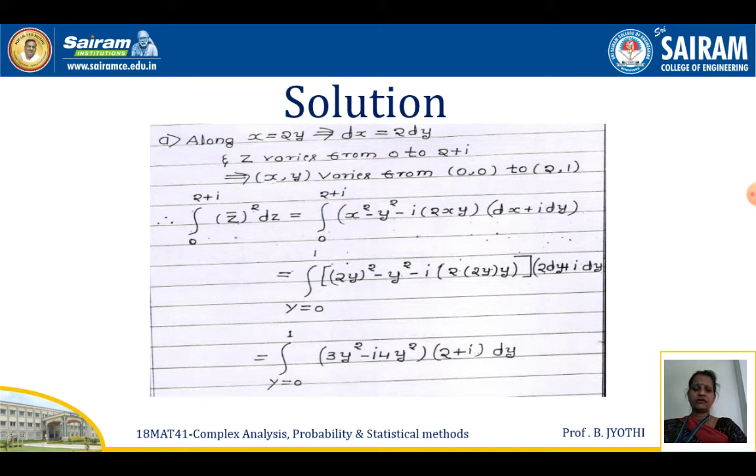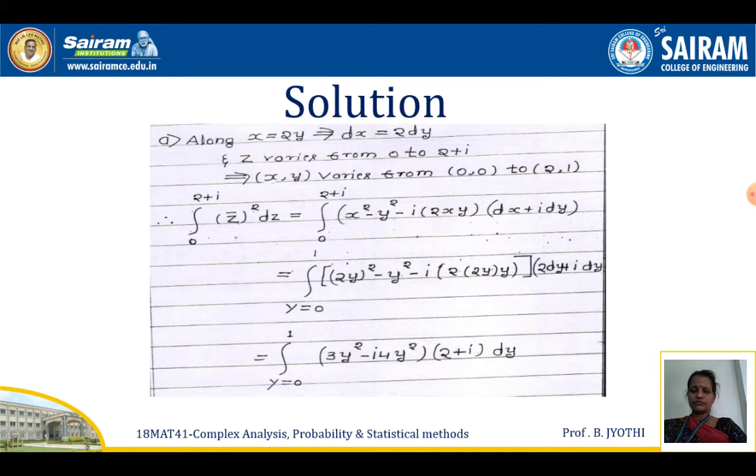Multiplying by dz, which is dx plus i dy. Next, when we simplify this, we get 2y square, 2y the whole square because x is equals to 2y.